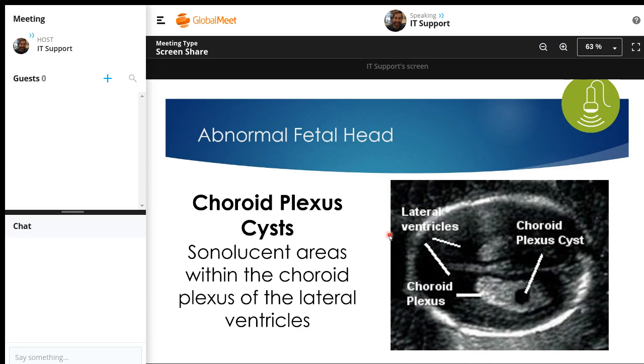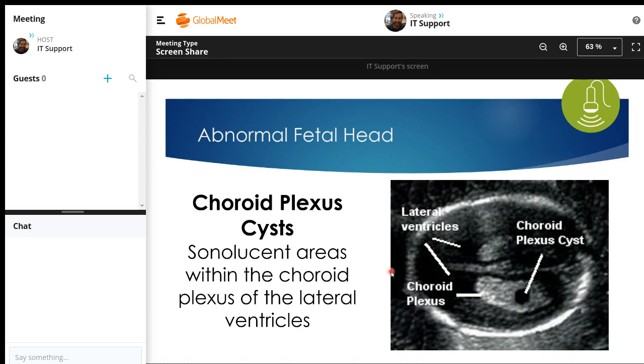So it's happened many times. Just as a personal example, at MFM, someone is scanned in an outside office, and they see choroid plexus cysts on their ultrasound, and then they're referred to us for a scan to take a better look at them, and they come to us and they're gone. So they do resolve quickly.